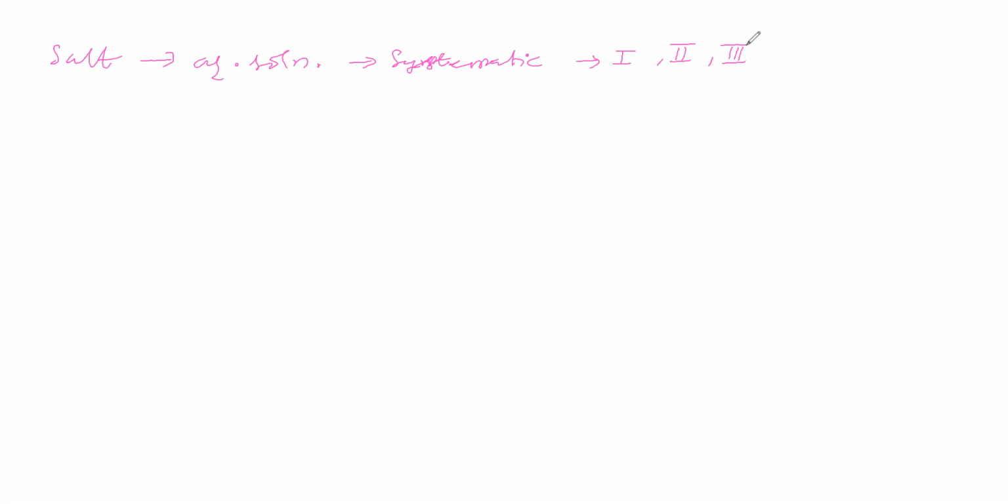So sir, why is it so? If we get a precipitate in group 1, why should we not go to group 2, group 3? Suppose the given salt is a mixture of two different salts and we get a group 1 precipitate, do we have to go for group 2 or not?